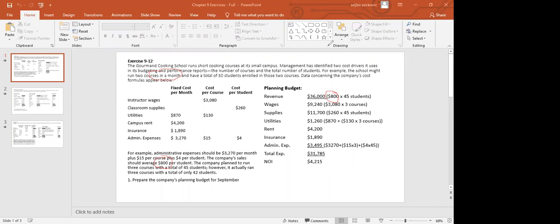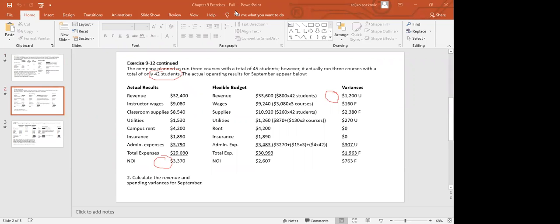So we will use these 800 in our flexible budget, but we will multiply it, of course, with actual activity of 42 students. So what we should have in our pocket in terms of revenue is $33,600.